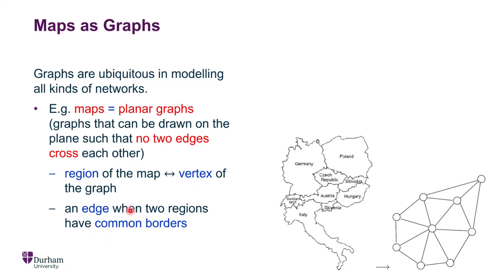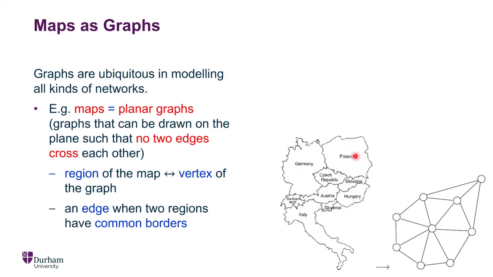So keeping that in mind, look at this example here. This is a partial European map. We have some countries as our regions. So if you look at the corresponding planar graph, hopefully you'll realize that this vertex here, which has 7 neighboring vertices, is actually a vertex corresponding to Austria, which has 7 countries that it shares a border with, each one of which shares a border with another 2 out of the 7.